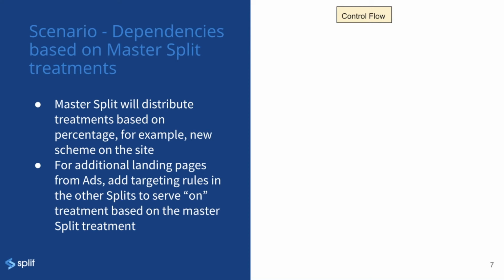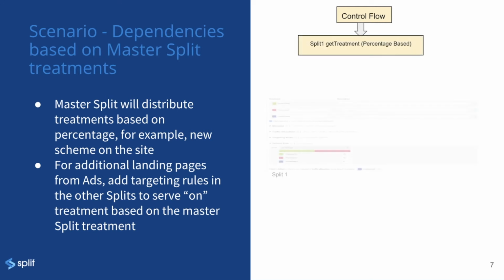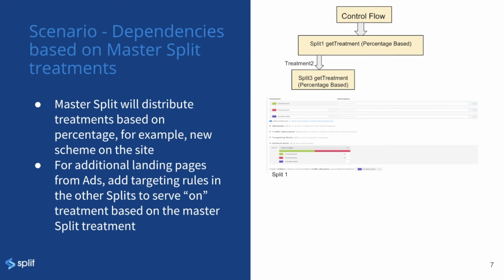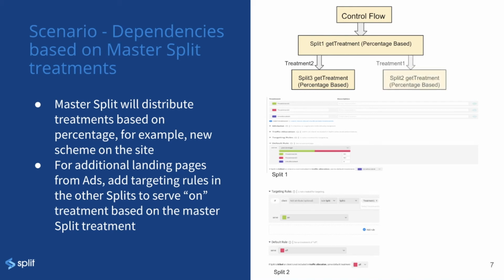So for example, if we have new schemes for our website, say scheme A, B and C, then any user who gets scheme A should afterwards only participate in a specific split that is relevant to scheme A only. So here, only the users that got this treatment will participate in split 2. Now, if the users got treatment 1, then they will be routed to split 3.